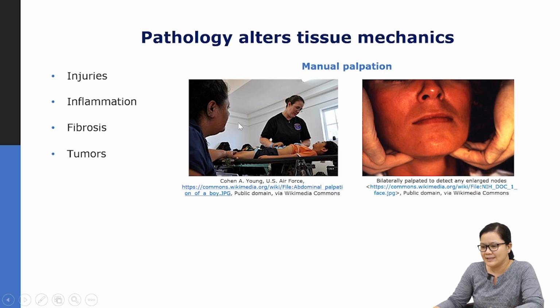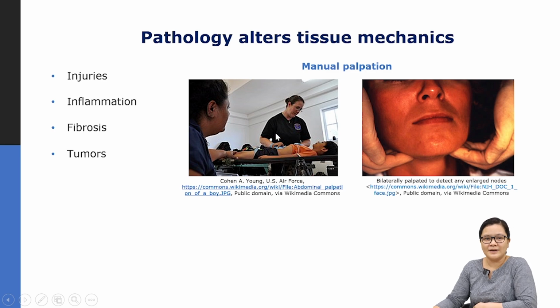You can see in this image here on the left that a boy who's a patient is lying down and a nurse is palpating the abdominal area, probably looking for any variations in the location and the stiffness of the organs within that area.